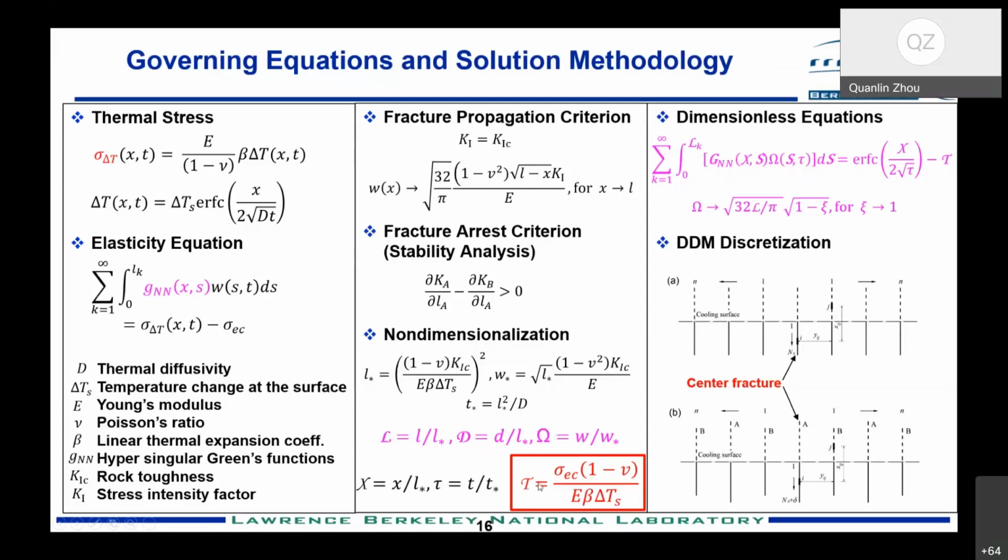And then we only have one model parameter T. That is the ratio of the effective confining stress to the thermal stress at the cooling surface, or the hydraulic fracture. So these are the dimensional governing equations, and then we use the DDM to discretize these equations for all the fractures.